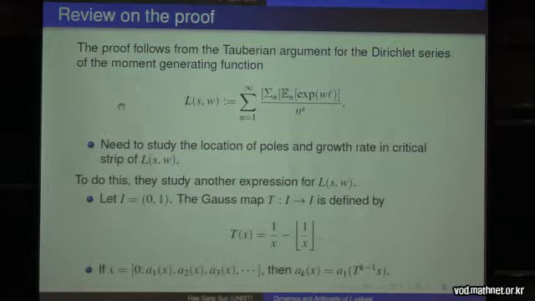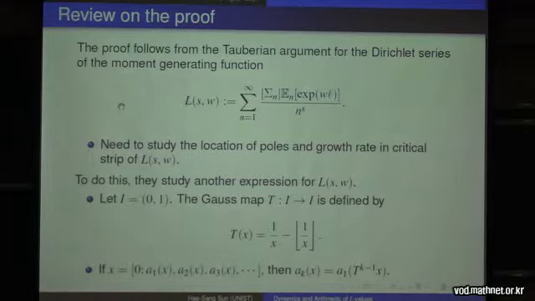So this is basically the Tauberian argument. Of course, there are some conditions, but let me ignore that. So using the information on the Dirichlet series, you can deduce some information on the partial sum of the coefficients. So that is the Tauberian argument. That means we need to study the location of poles and growth rate in some critical strip. I won't explain that.